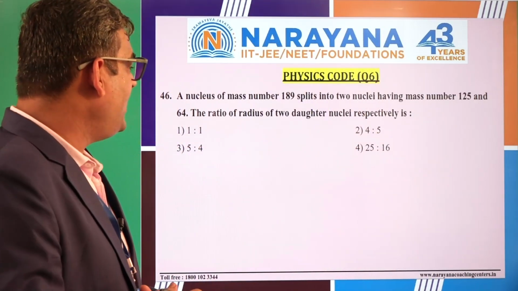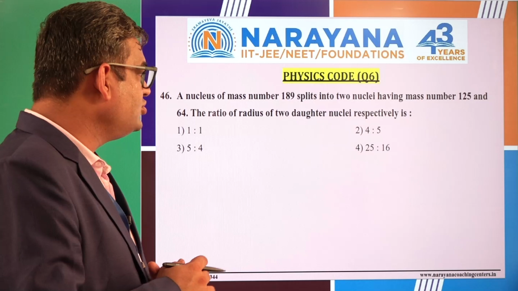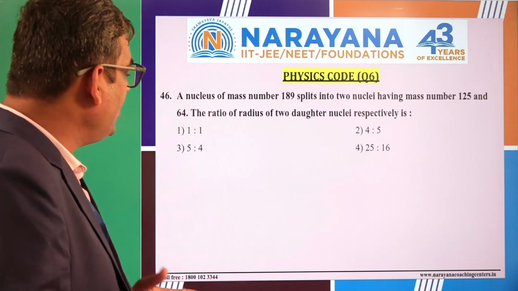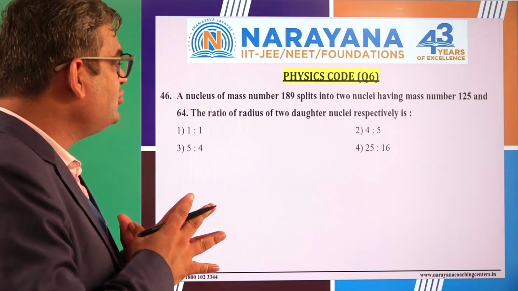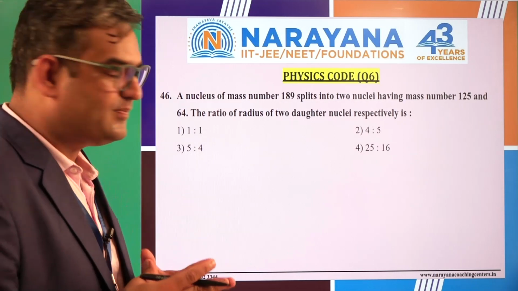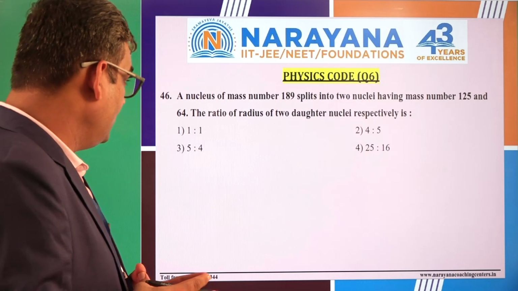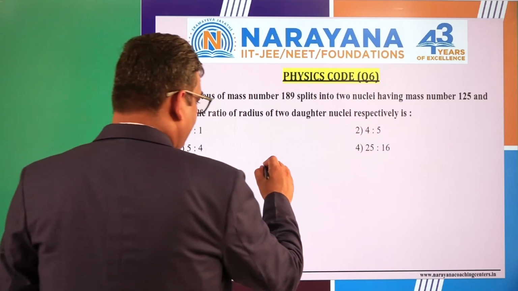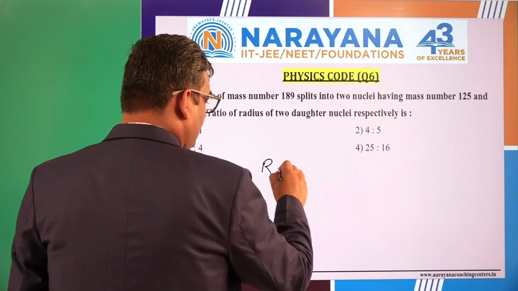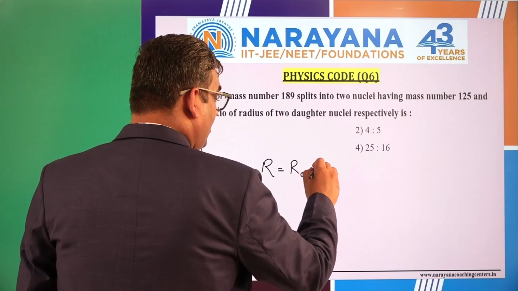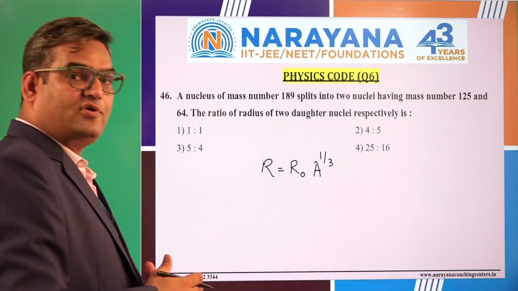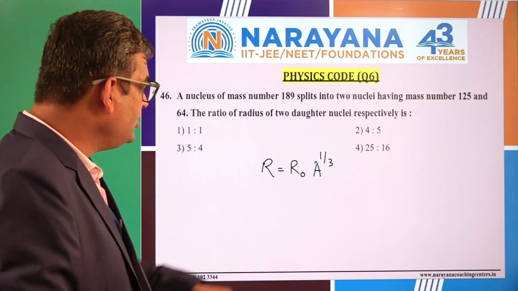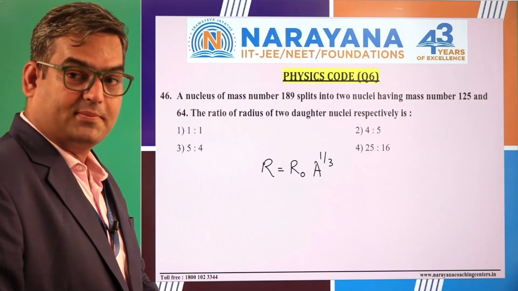A nucleus of mass 189 splits into two nuclei having mass number 125 and 64. The ratio of radius of two daughter nuclei respectively are. We should remember that radius of a nucleus can be given as R0 A raised to power 1 by 3, which means radius of a nuclide is directly proportional to cube root of mass number.